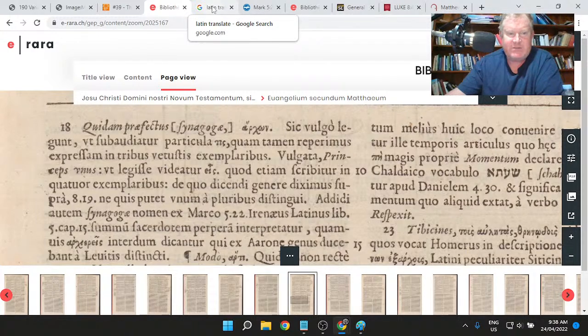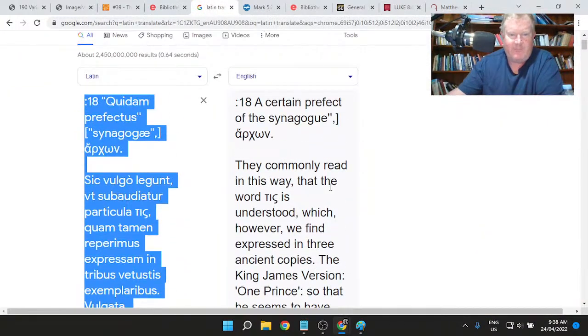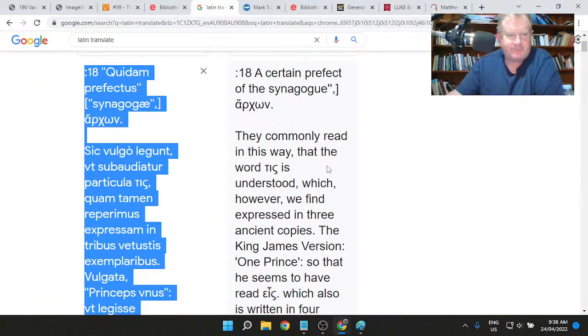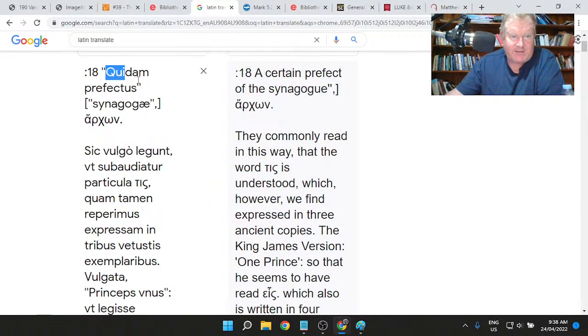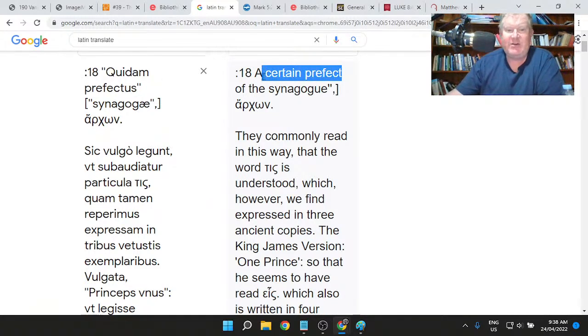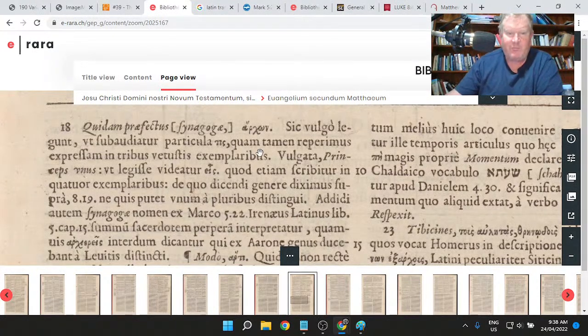So I've just opened up, I typed this out this morning. Quidam praefectus means a certain prefect. And so notice it's got a certain there. So what we're seeing is Theodore Beza thinks that these Latin words here are equivalent to this one Greek word here.